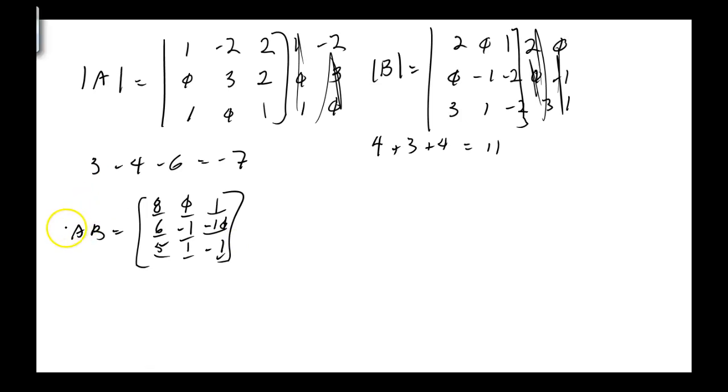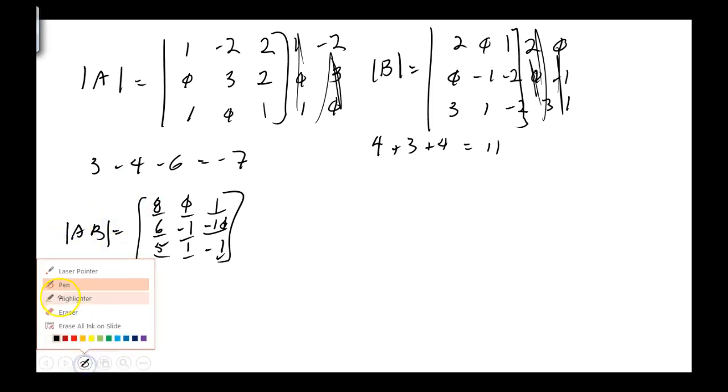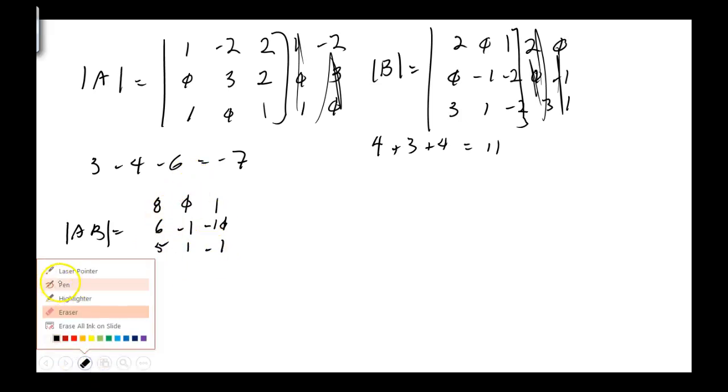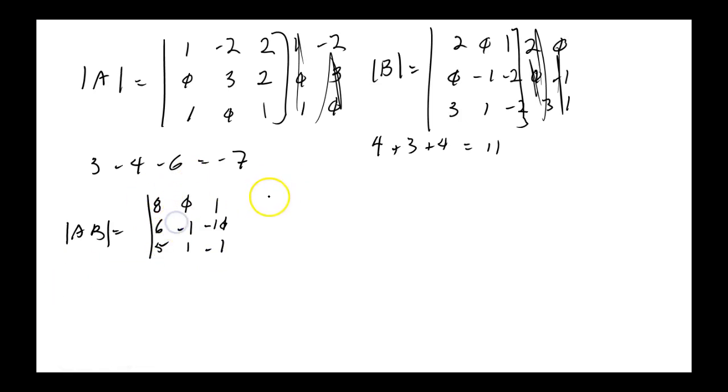Now let's look at the determinant of that product. That's what we're really after here. I'm going to take away these lines because they're cluttering, and we need all the room and clarity we can get. So we're going to do a determinant here, expanding the first two columns: 8, 0, 6, negative 1, and 5, 1.